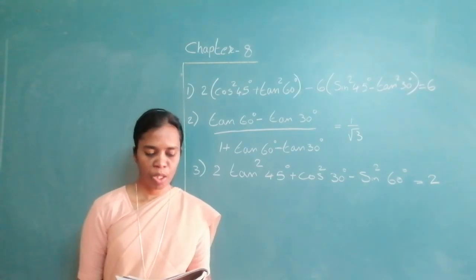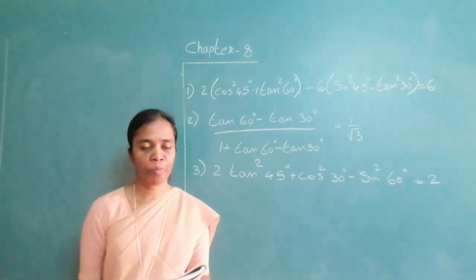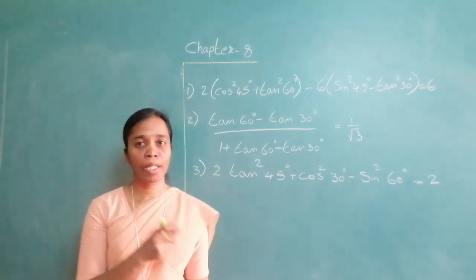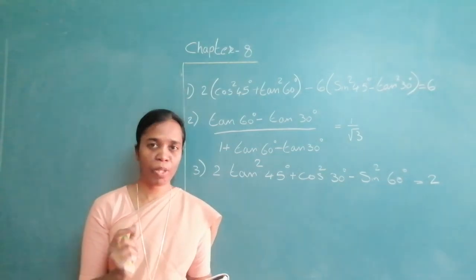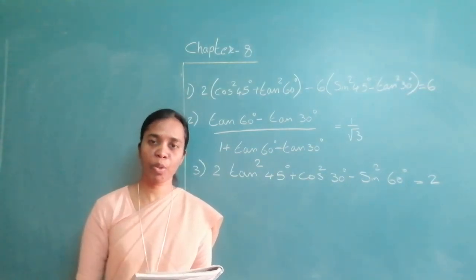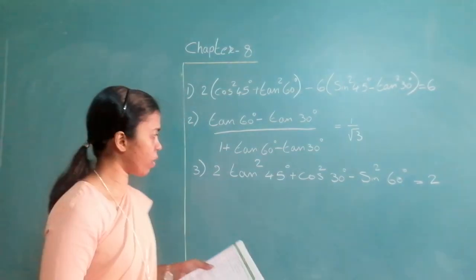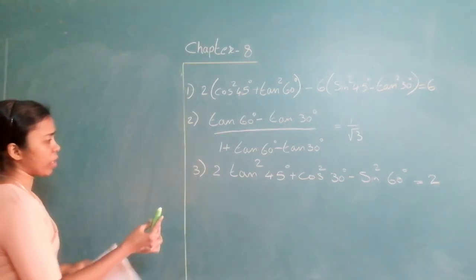Question number 4. Cos 28 degree upon sin 62. Now look at the angle measures. Are they coming into the table? No. Add the angles and see, you will get it as 90 degrees. So one of them you have to convert. Okay, how do you convert it? You have cos 28.